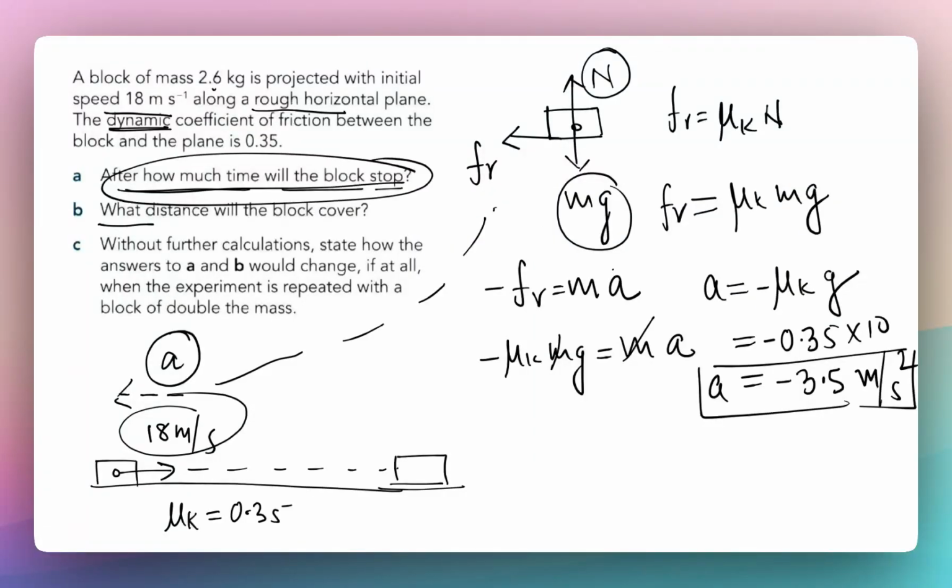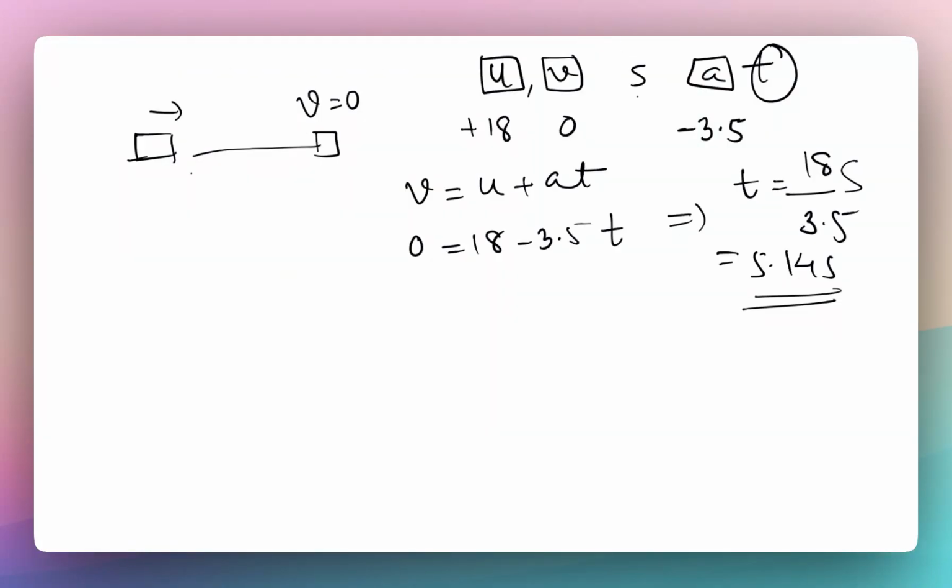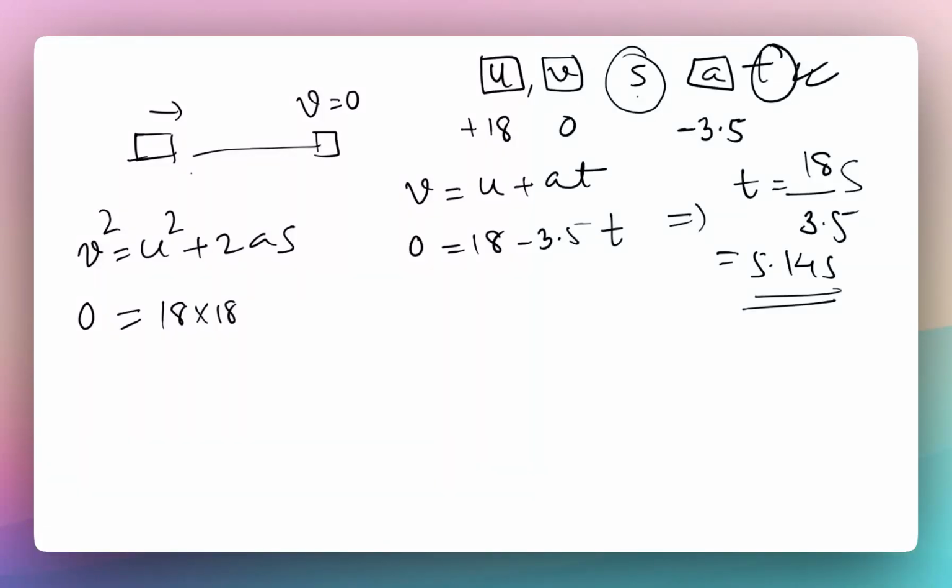And what distance will the block cover? Now you have to calculate s. Irrespective of time, we can directly use v square is equal to u square plus 2as. V is 0, u is 18 into 18, and a minus sign is going to come, so 2 into 3.5 into s.